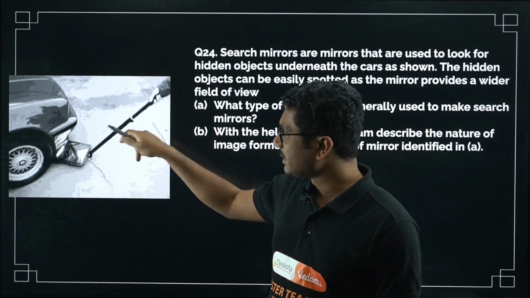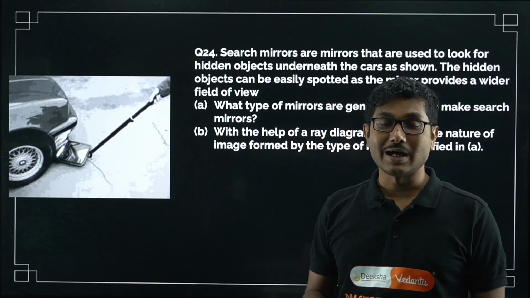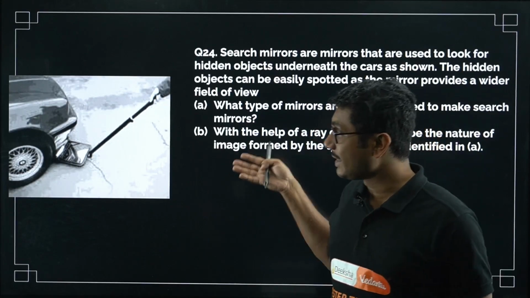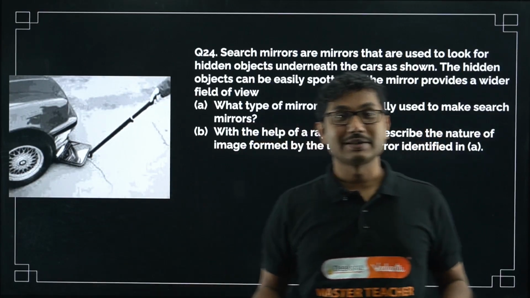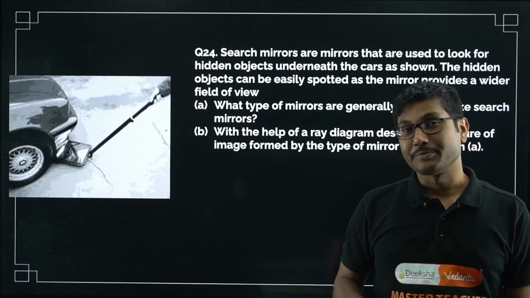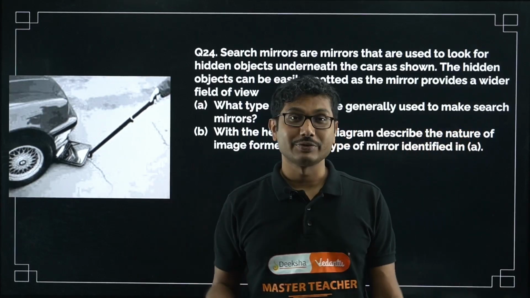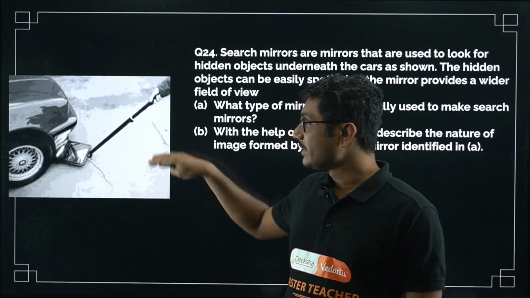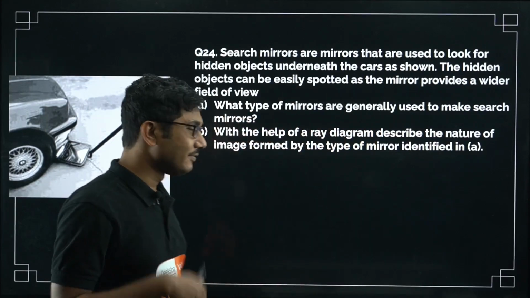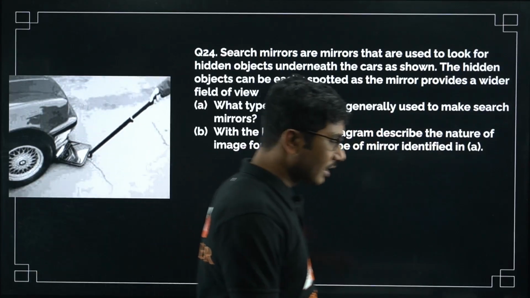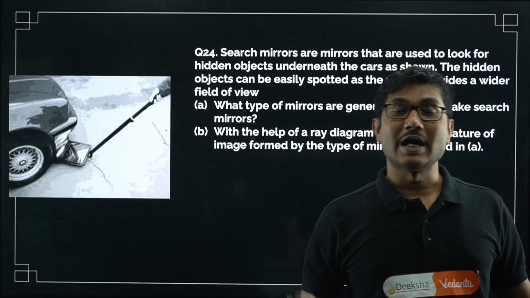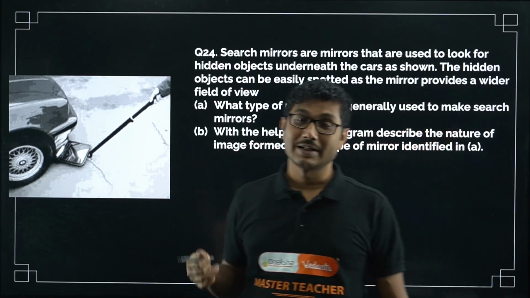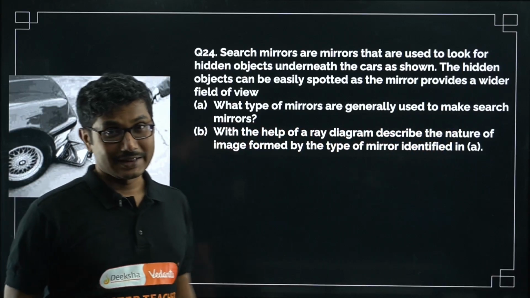This type of mirror is used to check if anyone is hiding, or any bomb or any weapon, or if someone has fitted anything suspicious inside your car, so that without going down you can check it using this kind of mirror. This is very common when you visit sensitive places or very high-end 5-star hotels. They will definitely check whatever is inside your car, right.